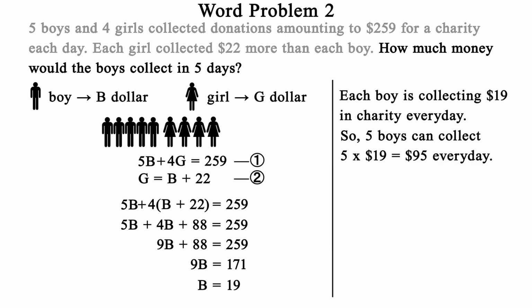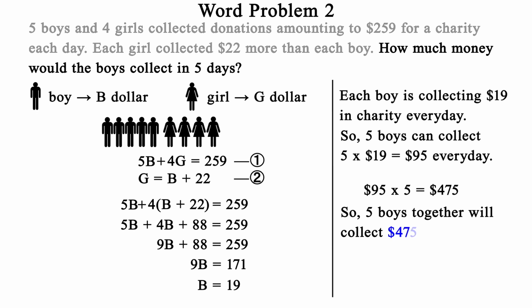So 5 boys together are collecting $95 every day, but they are asking 5 days. So I can do 95 multiply by 5, which is going to be $475. So 5 boys together will collect $475 in 5 days, which is our final answer.